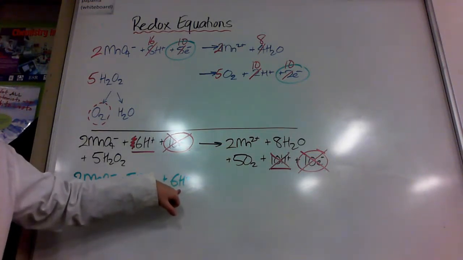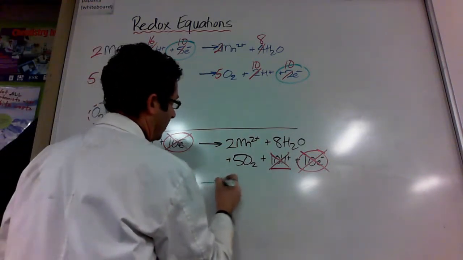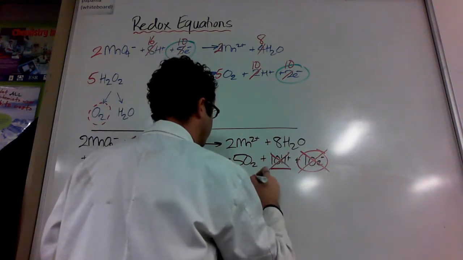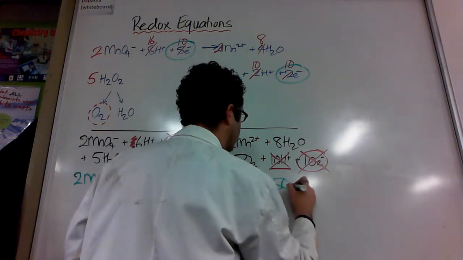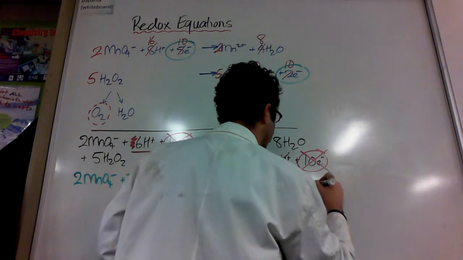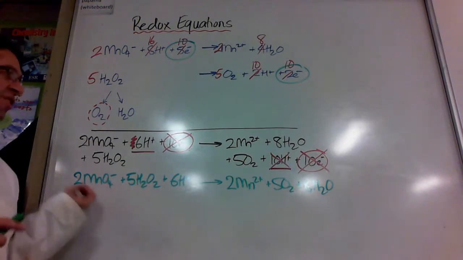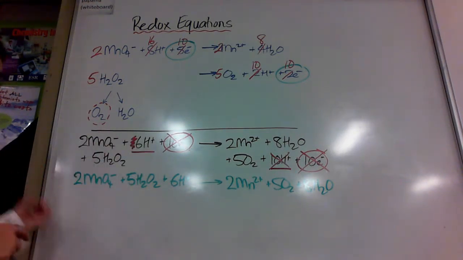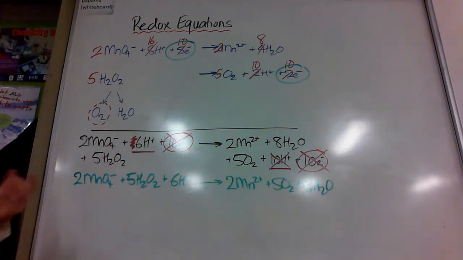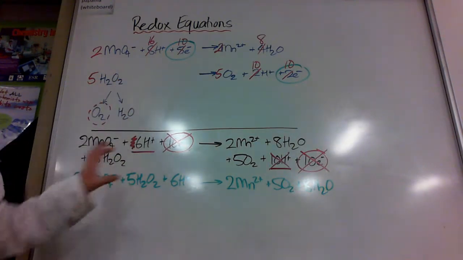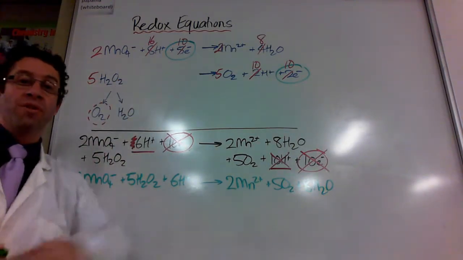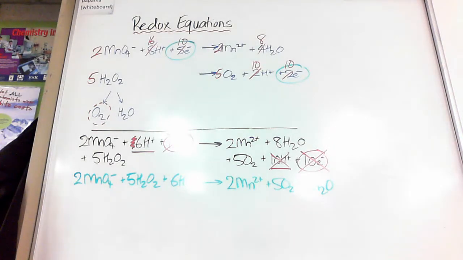It needed H plus ions. And there we go. You could go through and do a balance check, make sure you got the same number of atoms on each side, the same charge on each side. But I'm so confident in my process that I'm not going to bother doing that. I'd move on to my next experiment if this was an assessment.